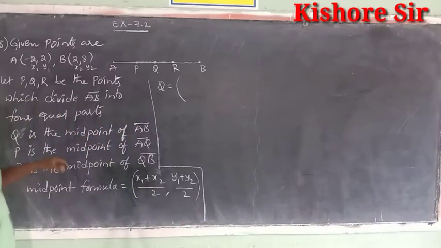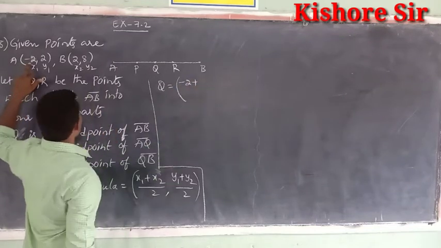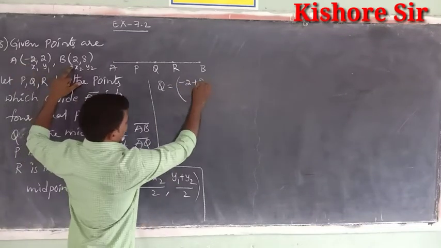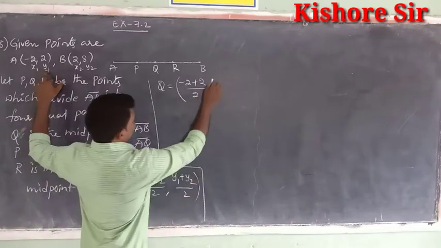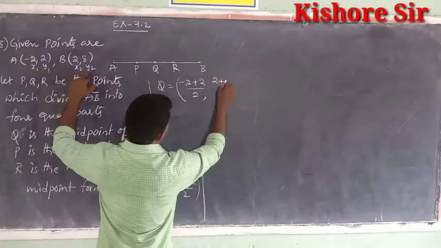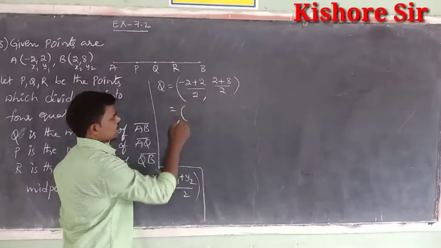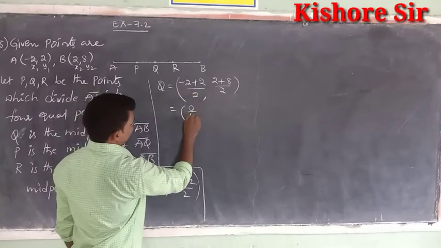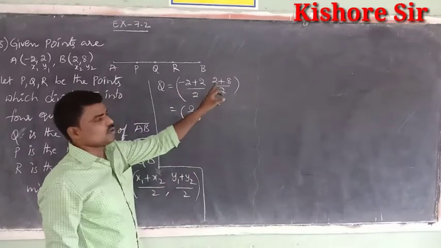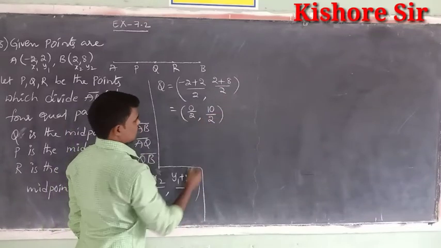So Q is minus 2 plus 2 by 2 comma 2 plus 8 by 2, that is 0 by 2 comma 10 by 2.